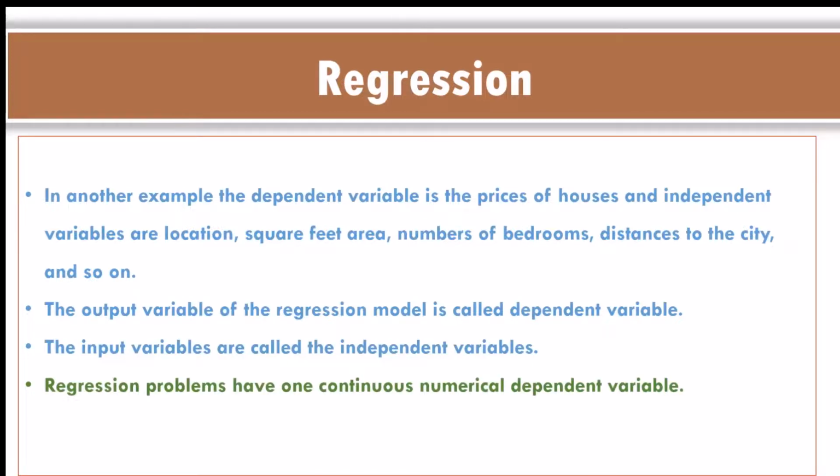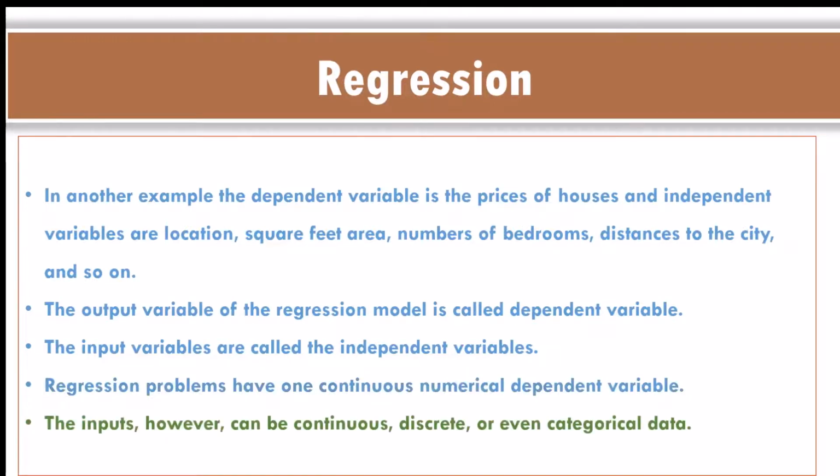So the regression problem has one continuous numerical dependent variable. This we have already discussed. If it is a categorical variable, then that will be called classification. But in regression, the output should be a continuous numerical variable.